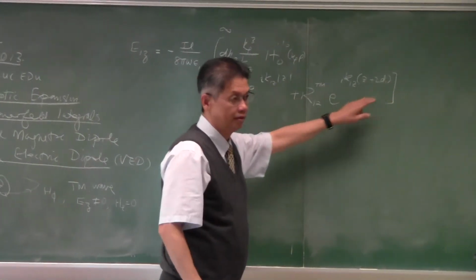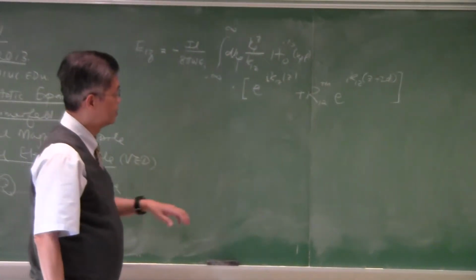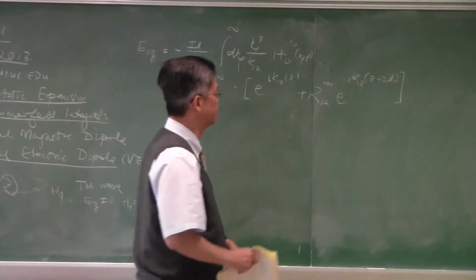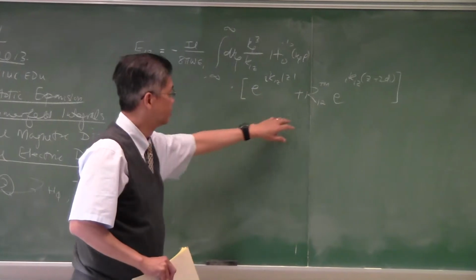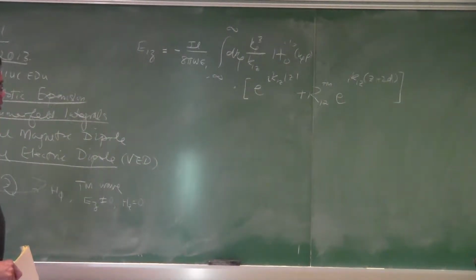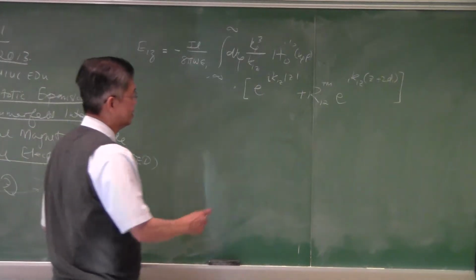This 2d1 is judiciously selected so that these two phases are equal to each other at z equals minus d1, and this represents the reflection coefficient.